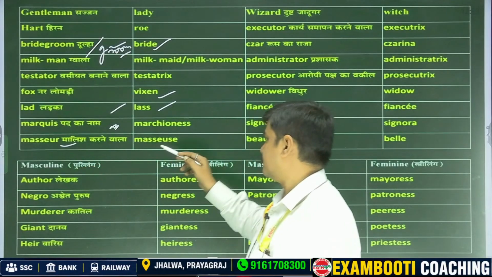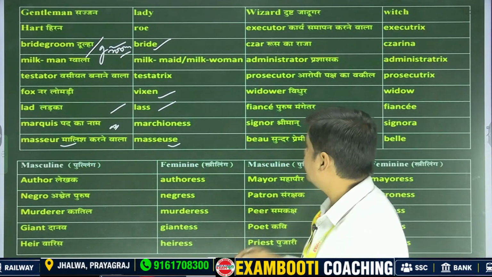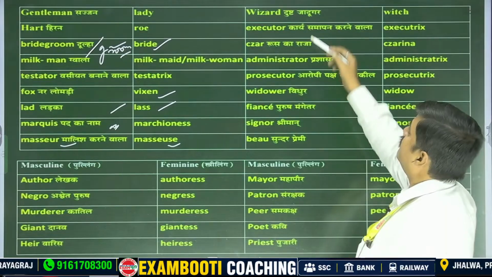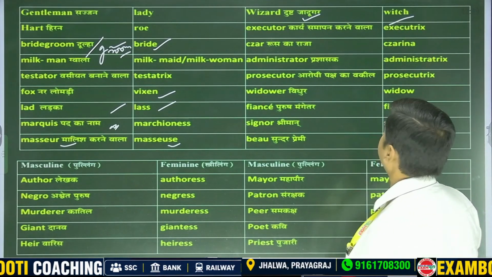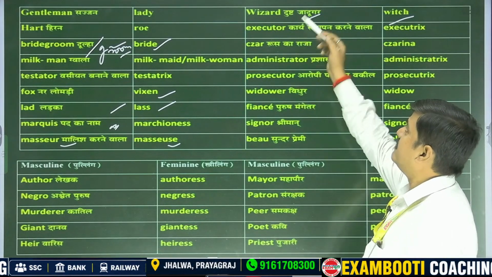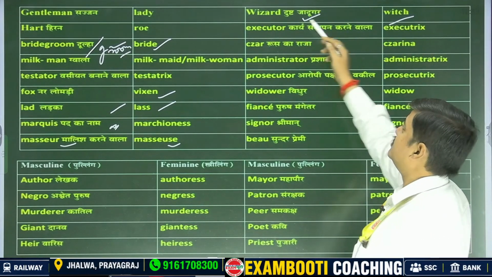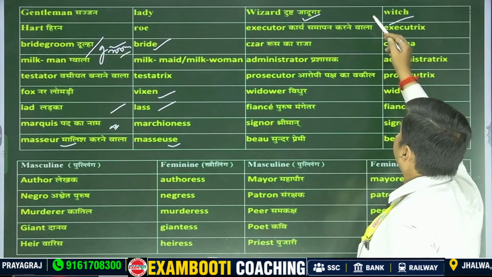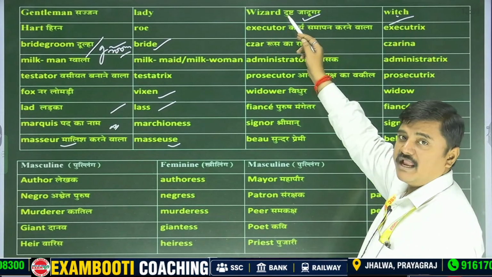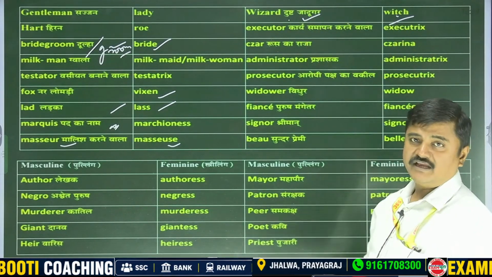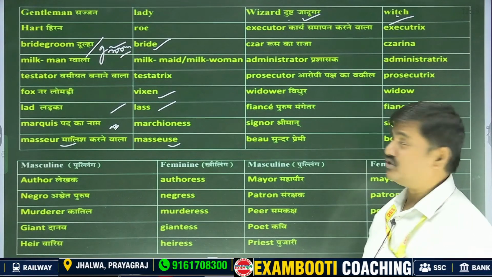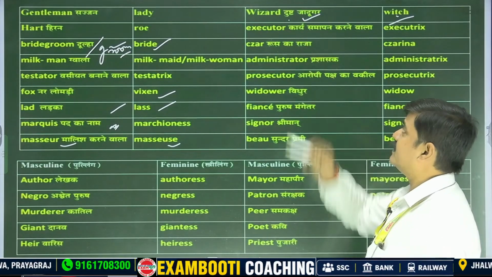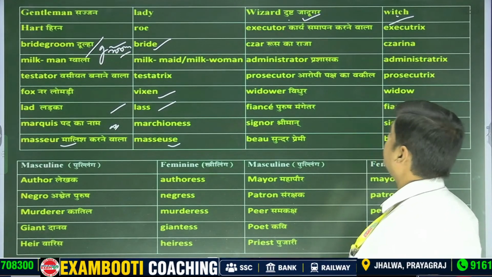Monsieur, madame. Now, wizard and witch, very important word. Wizard and witch: a female, very wicked magician, that is witch, and a male, very, very bad, wicked magician, that is wizard.